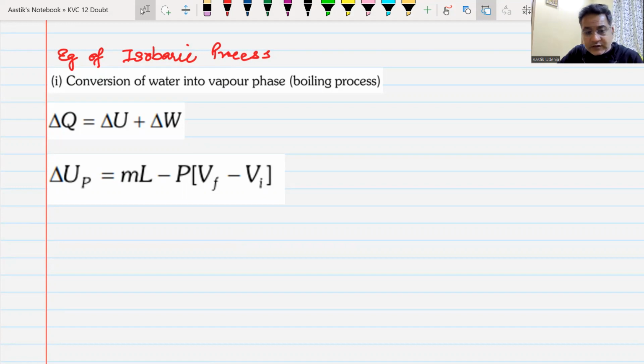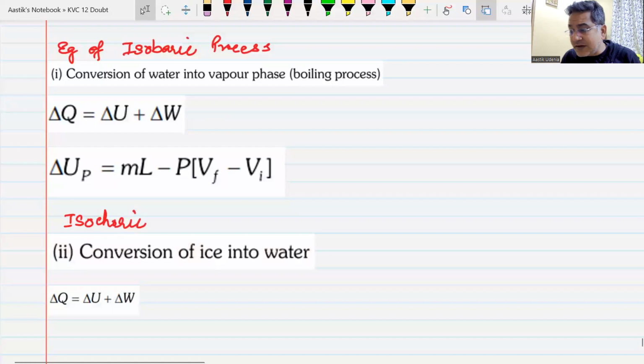I'll give you time. Now, if you compare this process with the process of conversion of ice into water, the process of conversion of ice into water is taken as an isochoric process, because there is very less change in the volume. Now, if I do the same thing for this process, since there is no work done, which process am I talking about?